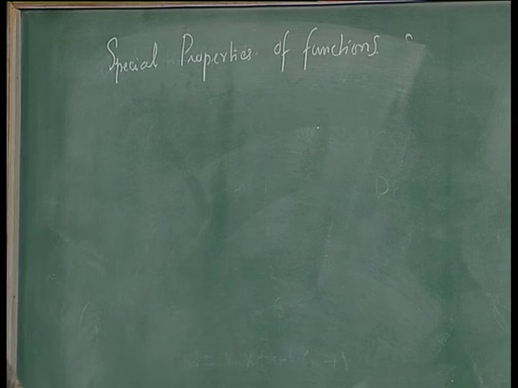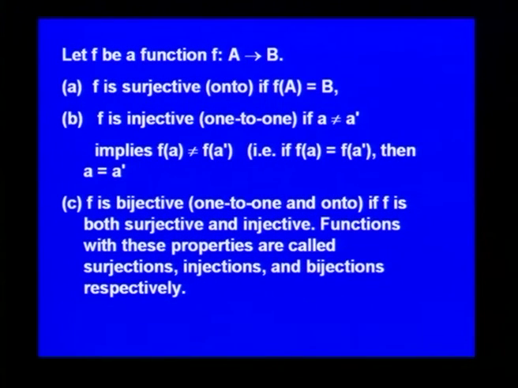Let f be a function from A to B. F is surjective or onto if f of A is equal to B. F is injective or 1 to 1 if a not equal to a' implies f(a) not equal to f(a'), that is, if f(a) is equal to f(a'), then a is equal to a'.